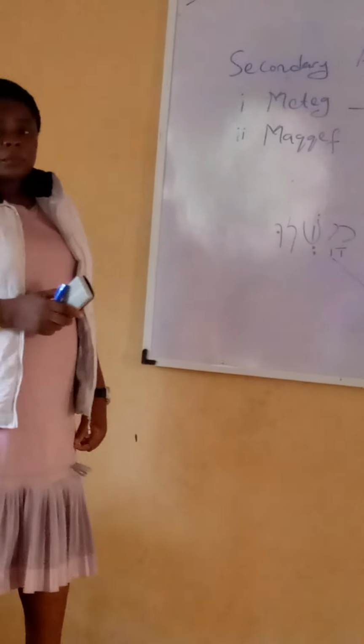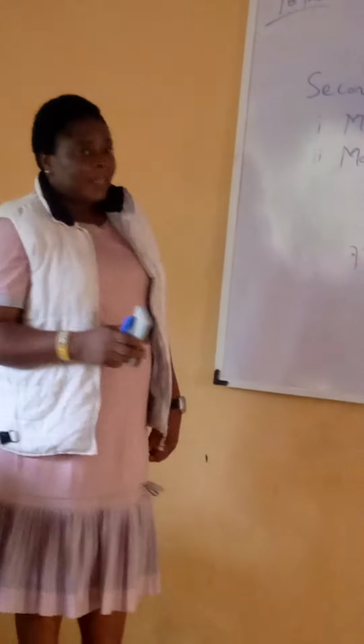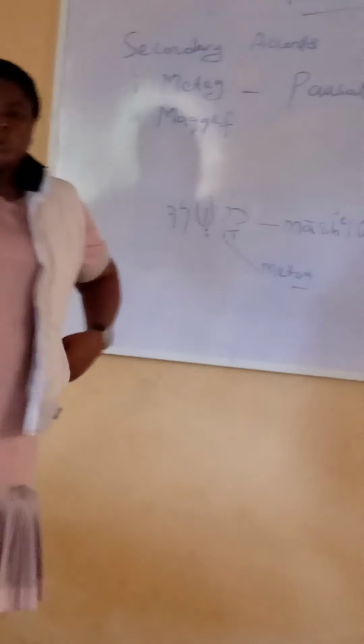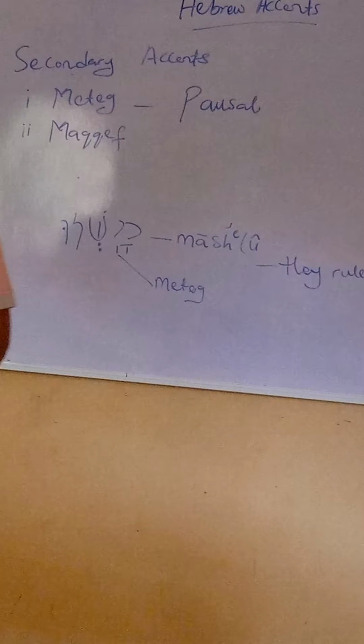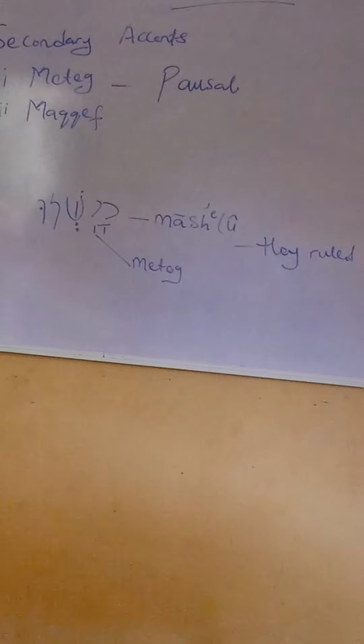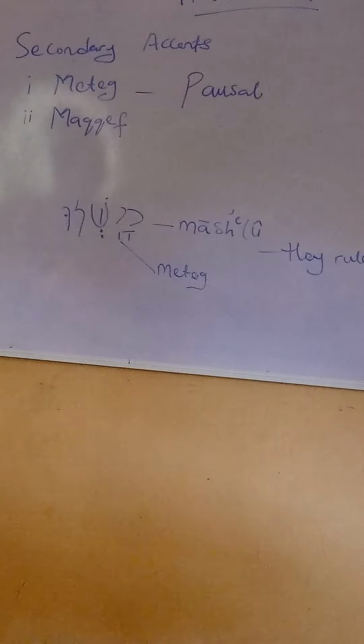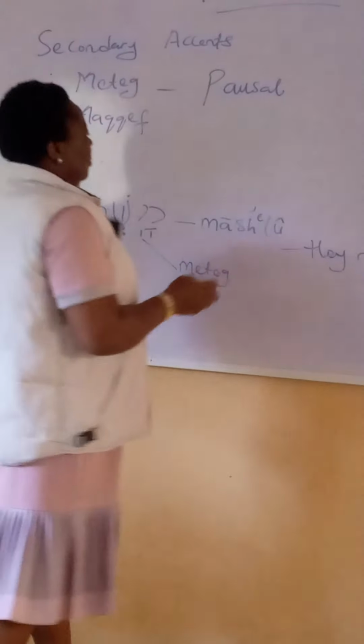So say maqqef. Maqqef. Maqqef is a secondary accent that joins two or more words together in a construct relationship.